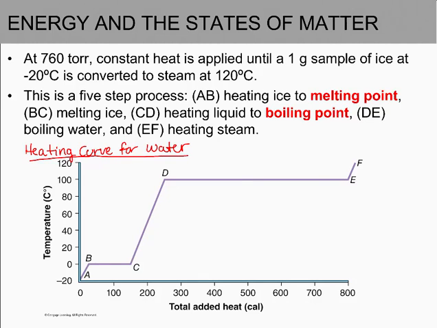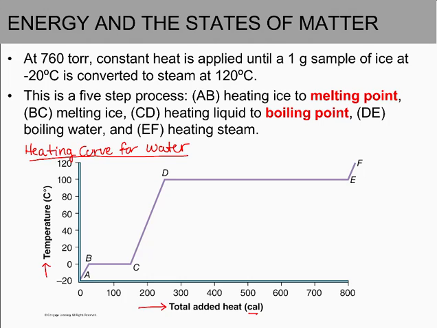On the y-axis we have increasing temperature, and on the x-axis we're adding heat. And you'll notice that the unit for heat here is calories. So heat is related to energy, and one of the units for energy is the calorie.